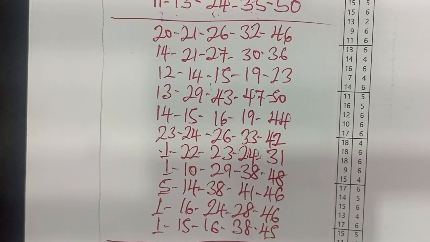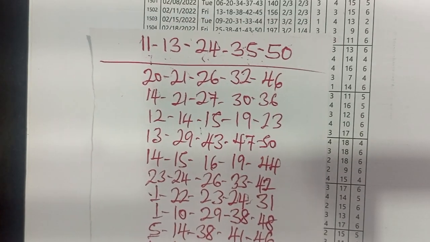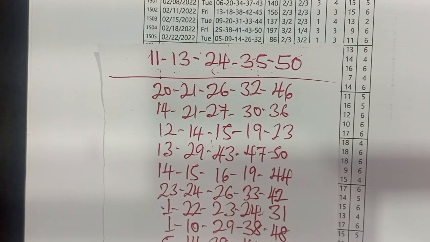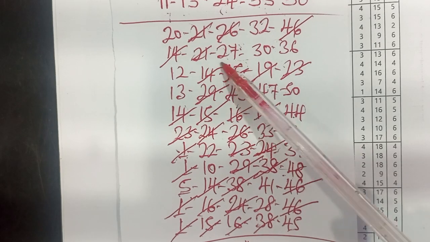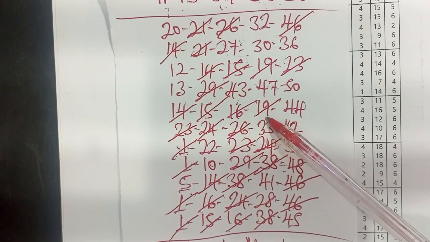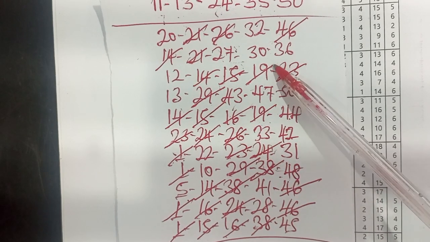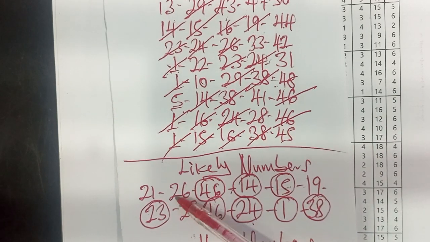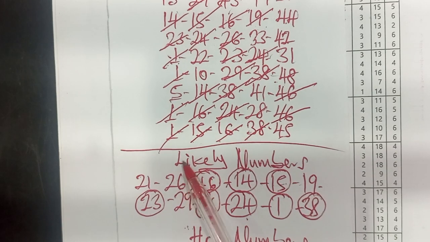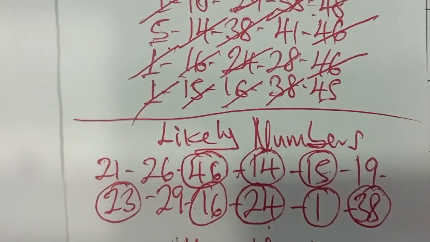But first, let me do it and show to you where we will get the possible likely numbers. So based on the record that we took, the numbers that I have marked are those that repeated within the list, either two or more. So they are the likely set of numbers that we see here.